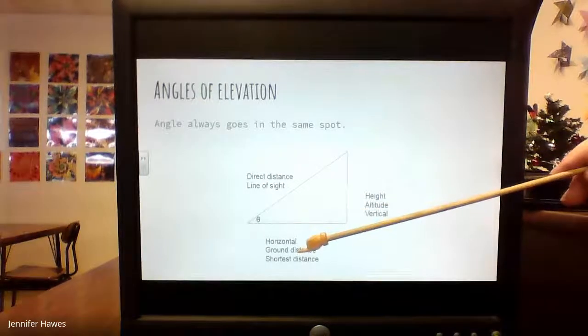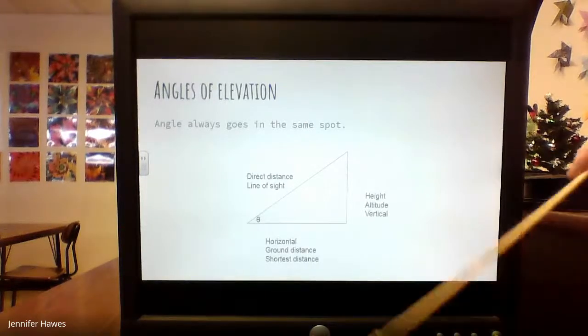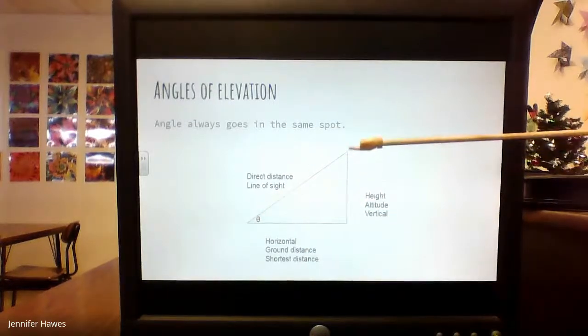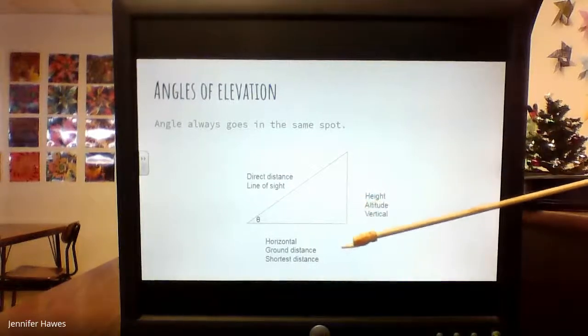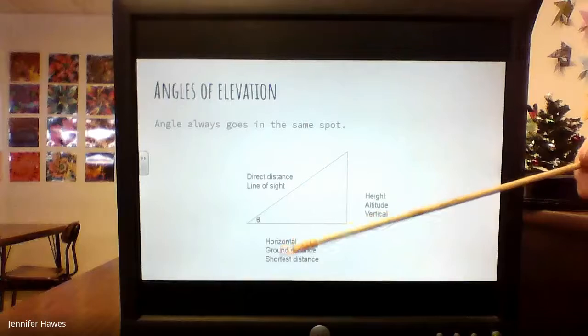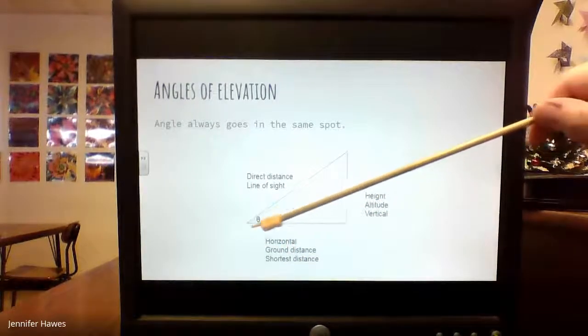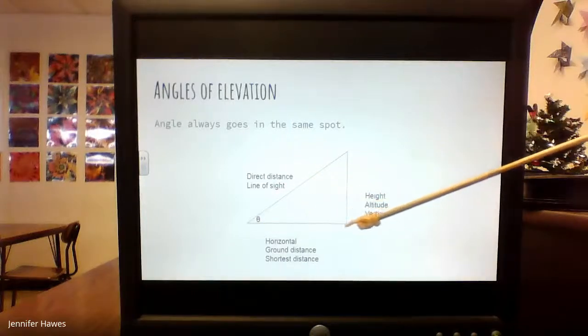This one right here, they could use the words horizontal. They could say ground distance, the shortest distance. Remember, I'm right here, Jasper's up here, and this is my building. If I said, how far is it from me to the building? Well, there's lots of distances from me to the building, but the shortest distance is that perpendicular distance.